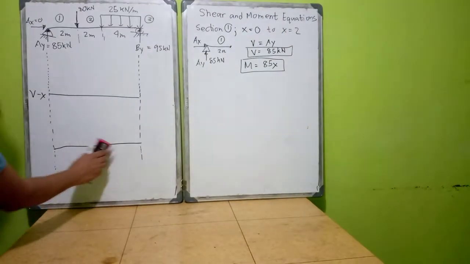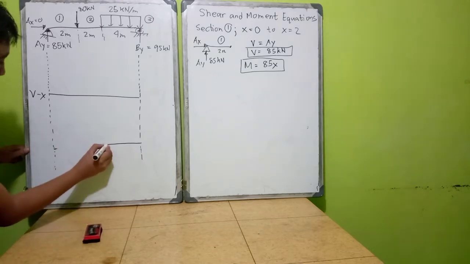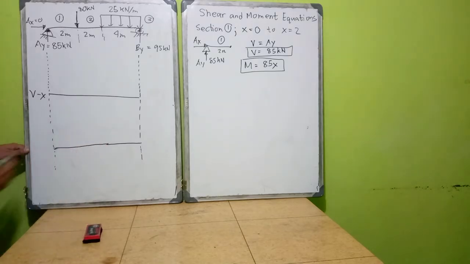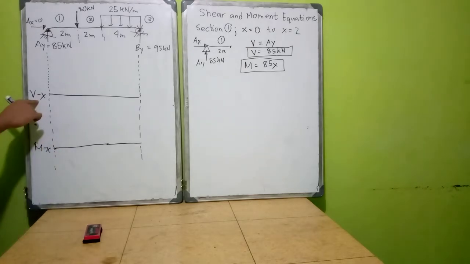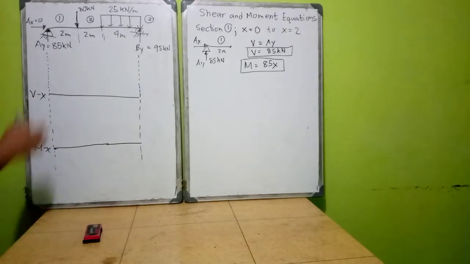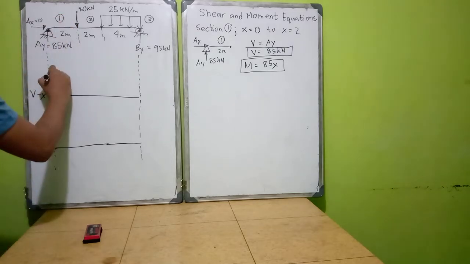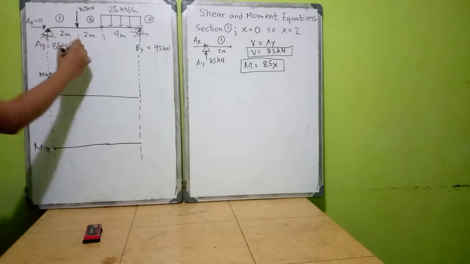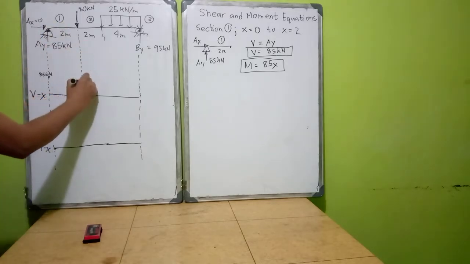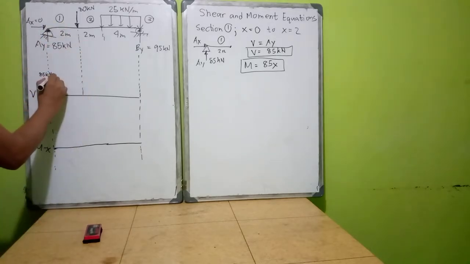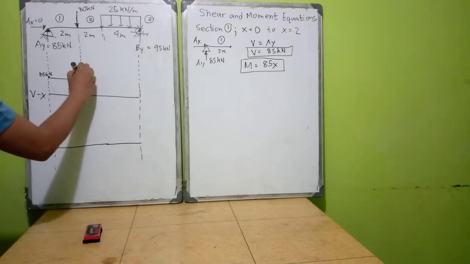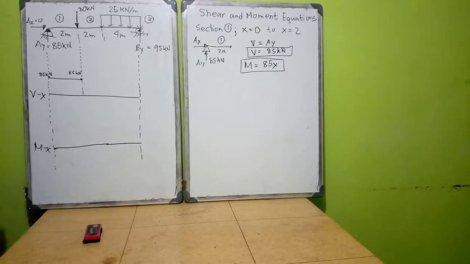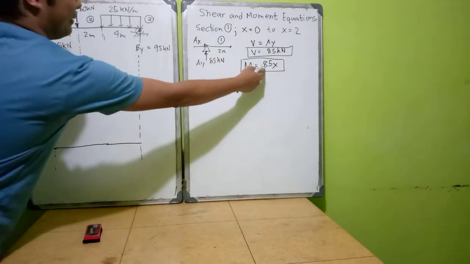I'm sorry if I could not draw a perfectly straight line, so just assume this is a straight line, Mx. This is your shear diagram and moment diagram. At this point you have 85, and it stays that way until this point. It is also 85 kilonewton at this point. And then we have 85x.